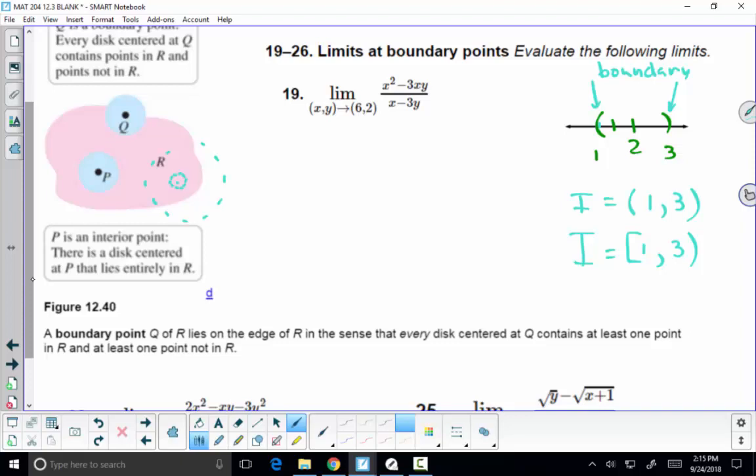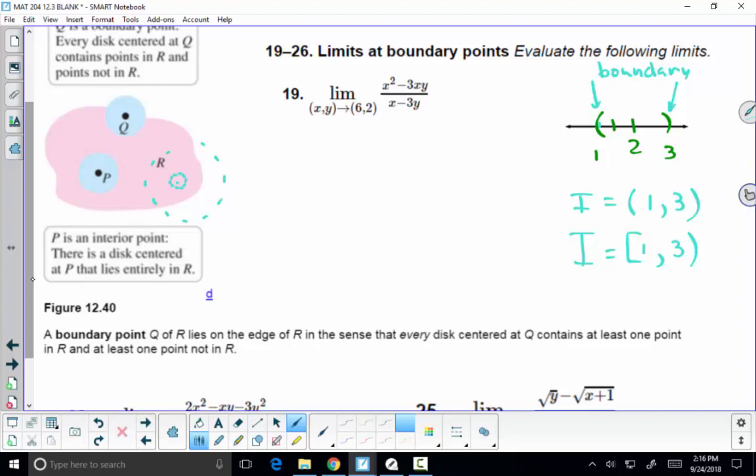Doesn't every single interval around 1 contain points that are not in that interval? 0.9. Right? 0.99999999999, right? No matter what, you draw a little interval around 1, you're going to be containing points just to the left of 1, which are not in that interval. So 1 is not interior to that interval.